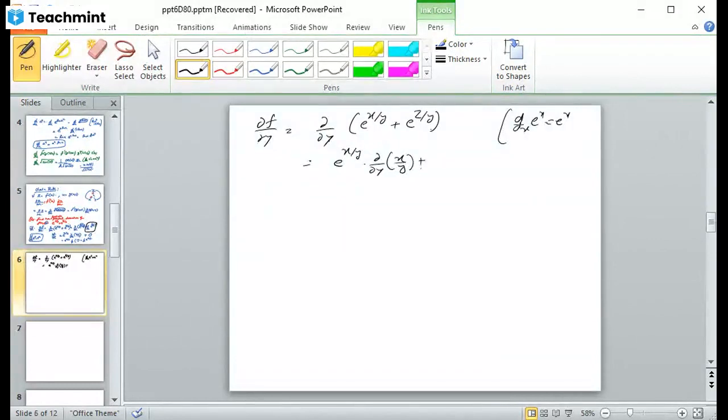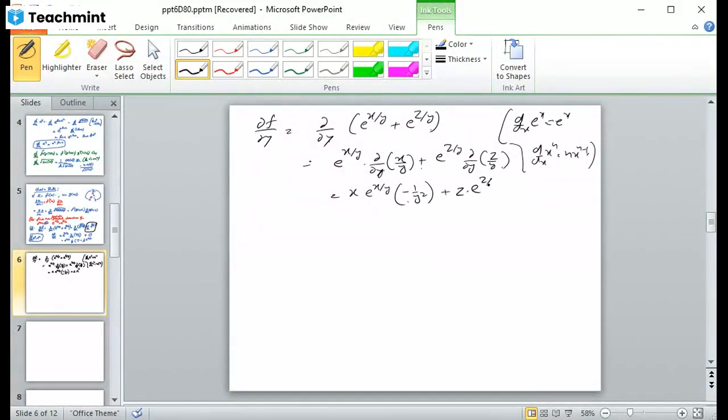So we need to differentiate x/y with respect to y, and similarly for e^(z/y), we differentiate z/y with respect to y. So x is constant here: e^(x/y), and the derivative of 1/y. Now we use the derivative of x^n, which is n·x^(n-1). So this is -1/y², and this is z·e^(z/y) into -1/y².